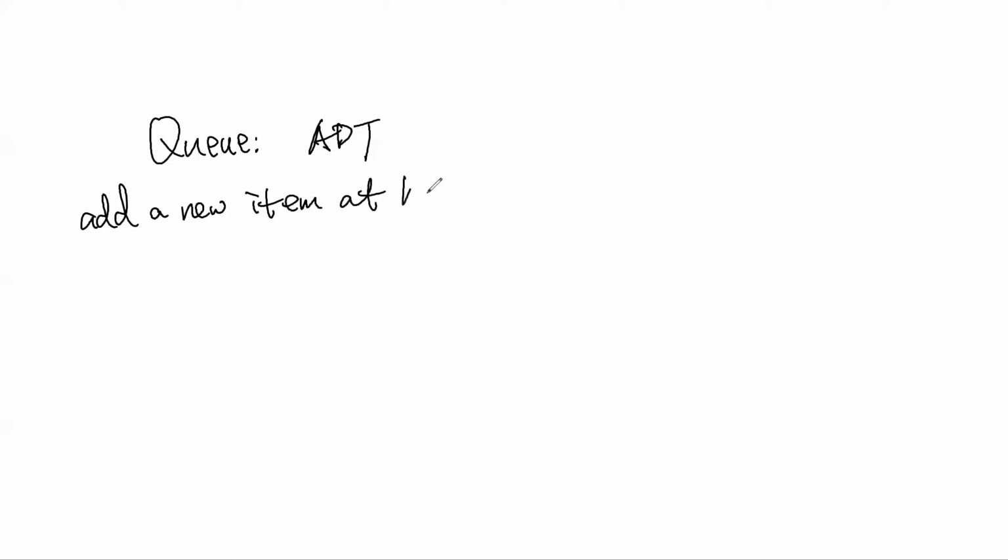In the queue data structure ADT, whenever we add a new item at the back, we generally have a specific word for it, a verb. Just like when you push to a stack, we call it push. Here, generally speaking, we call it enqueue.